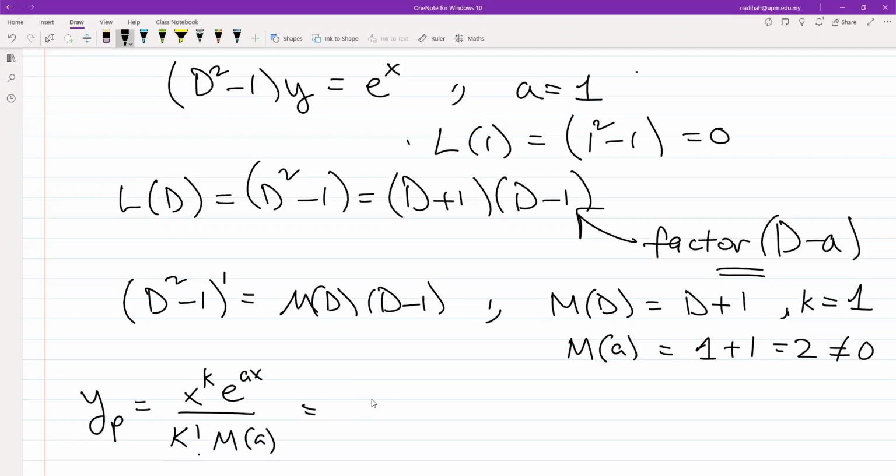So this is equals to x^k is just x^1, e^(ax), a is 1, so just e^x. K is just 1 factorial. M we already count, which is equals to 2. So this is the same. The answer is one half x e^x. So this is just the particular solution.